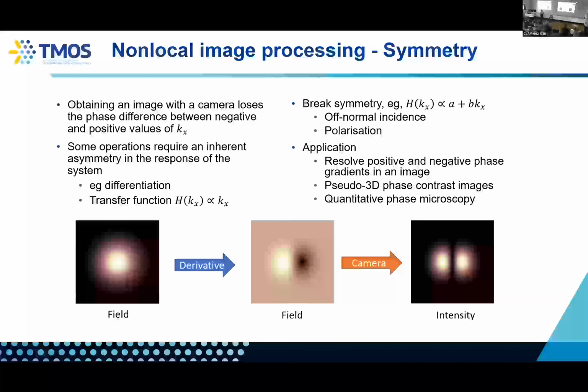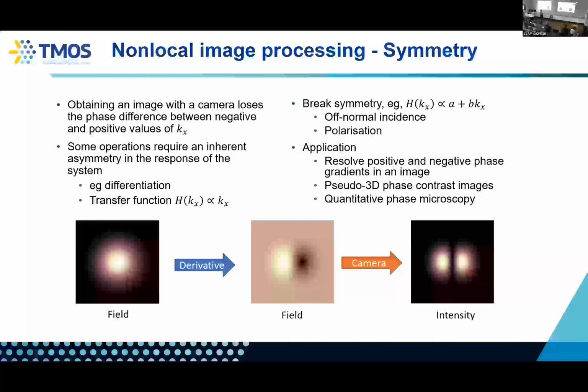So if, for example, you've created a metasurface that has a nice transfer function that's directly proportional to kx, remember this corresponds to differentiation. You have an input field, let's imagine it's a Gaussian, and your metasurface generates the derivative. You then obtain the resulting image with a camera. You have actually discarded information about whether the gradients in the image are positive or negative.